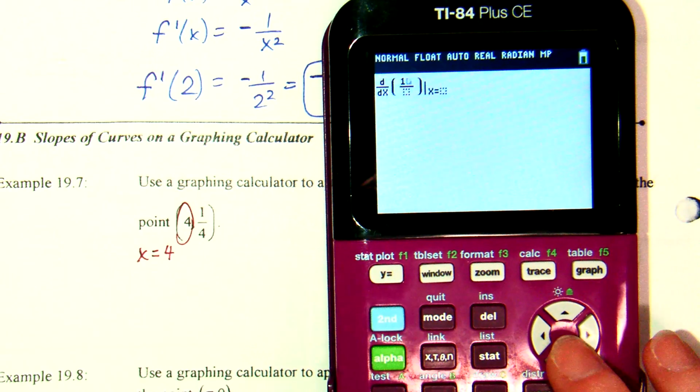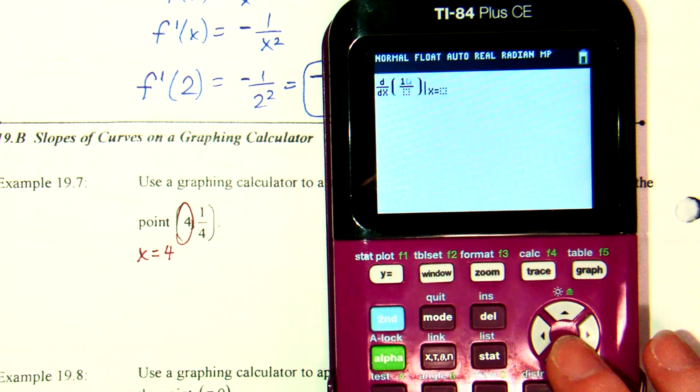And then it says x equals blank. At what x value are we doing this? 4. For this problem, it will not matter if you're in radians or degrees. Did we all get the same answer?